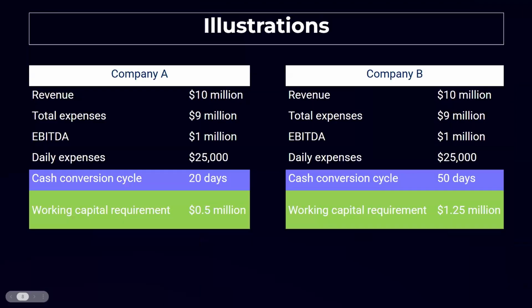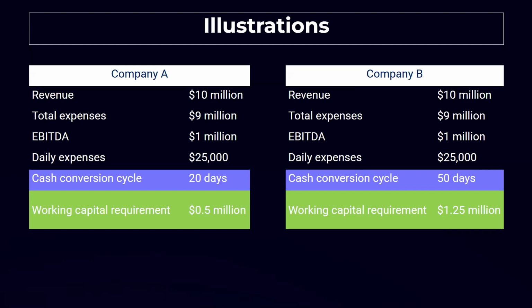So over here, we have two similar companies which are doing 10 million in revenue. The total expense is 9 million and EBITDA is 1 million. When you divide this 9 million by 360 days, the daily expense is 25,000 per day. The first company has a cash conversion cycle of 20 days.